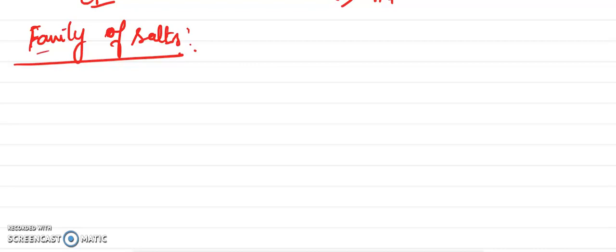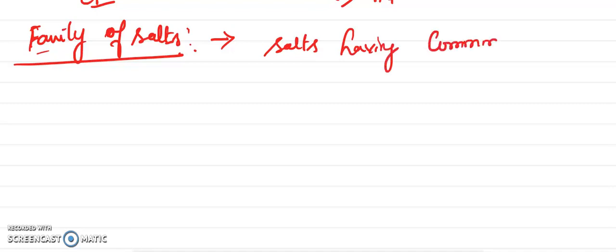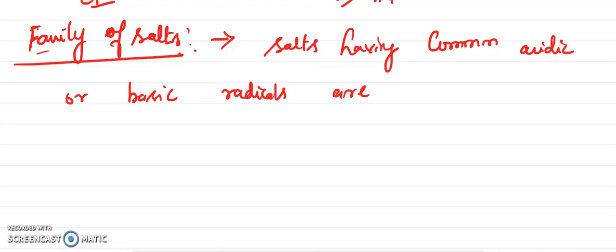What does family mean here? That is salt having a common acidic or basic radical. That is a simple definition. Family of salt means salts having a common acidic or basic radical belong to the same family.